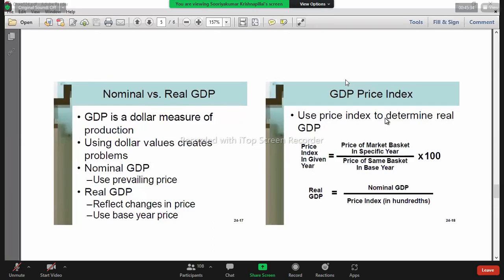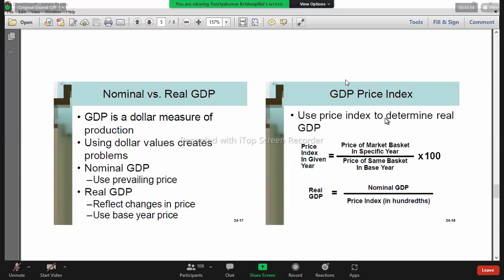If we divide that one and multiply by 100, they get the price index for that particular year. In this equation, the price level of the base year is 100. That is why we multiply by 100.